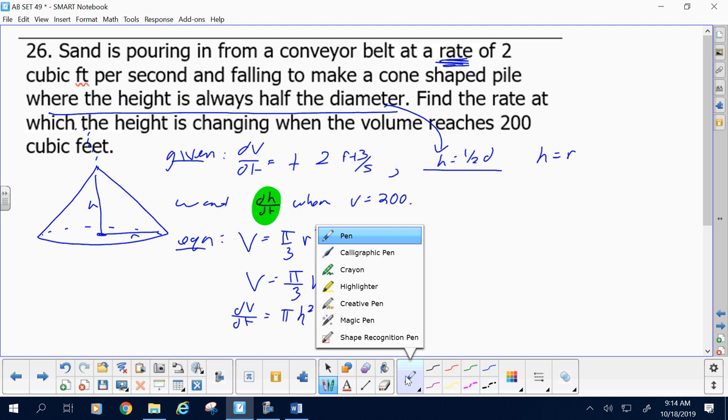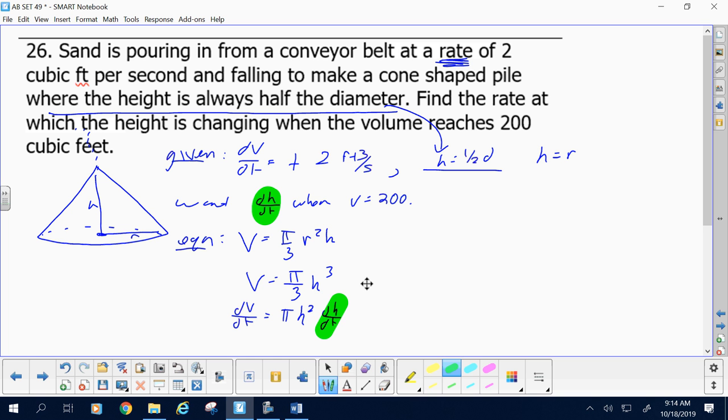This is what I want. So I need to substitute in for everything else. What's dV/dt? 2. And what's the height? Don't know that. So how do I find what the height is? Solve the volume. Which of the volume equations is the best place to go? This one or this one? The second one, yeah?